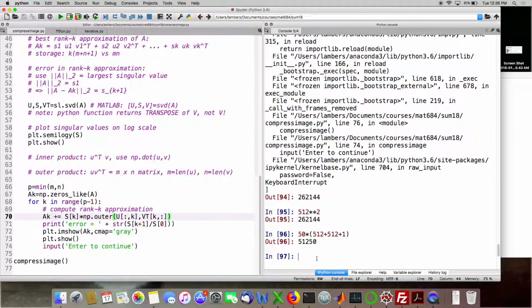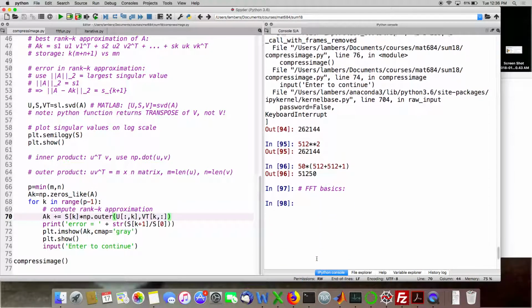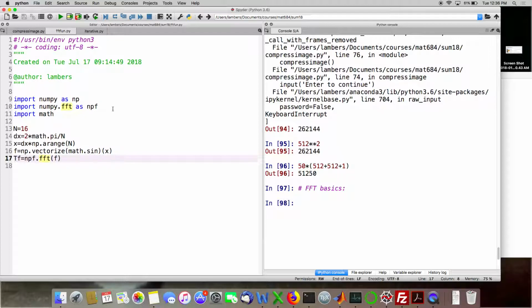Here's another. Using a fast Fourier transform. I just have a little snippet here. So here I'm making a vector of function values of just sine x on the interval 0 to 2 pi with 16 grid points.